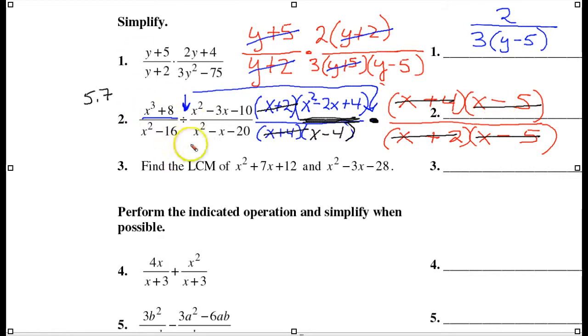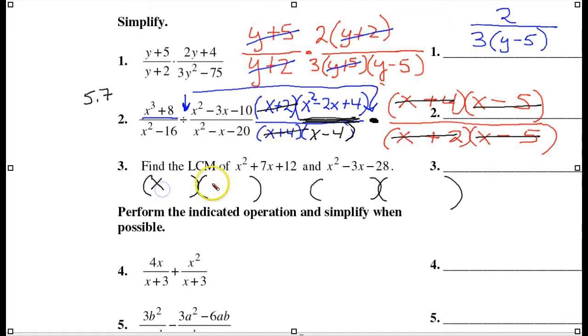All right, looking at number 3, it says find the least common multiple of these two polynomials. Well, the strategy is to factor them. That'll be for this one. And this will be for this one. Now there's no common factors. They're in standard form.